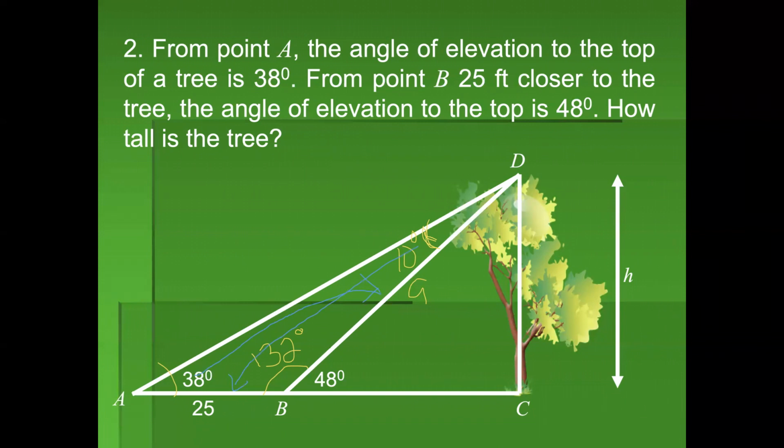So doing that, we'll have sine 38, which is angle A, over A, which is the hypotenuse of the right triangle, equals sine 10, which is the angle D, over the side opposite of it, which is 25.